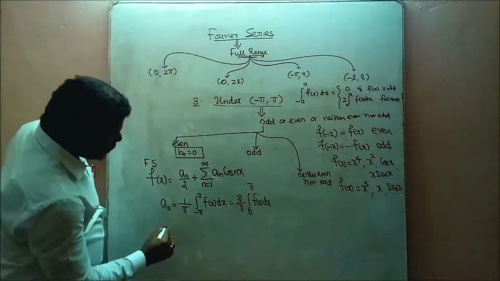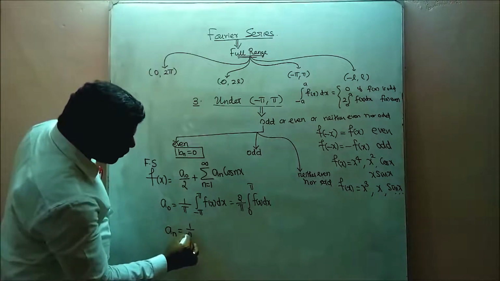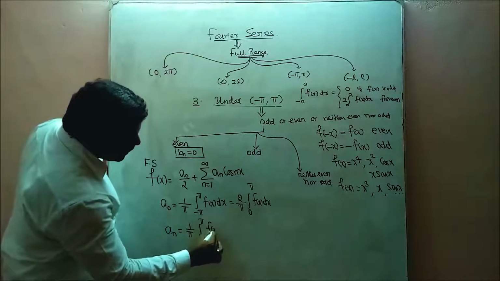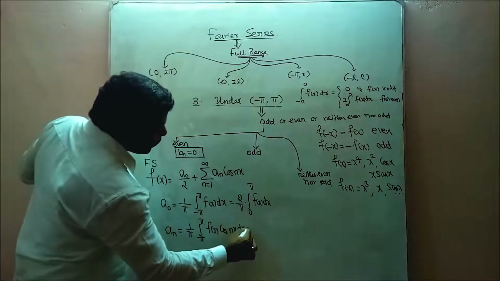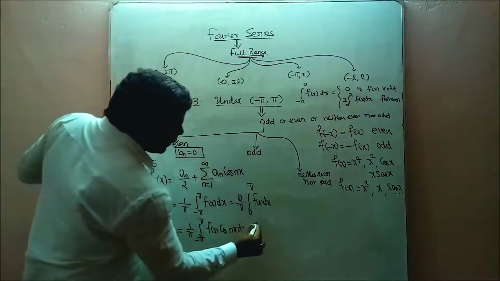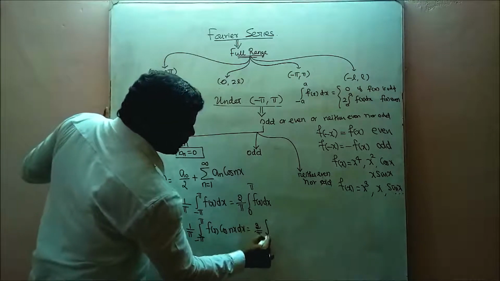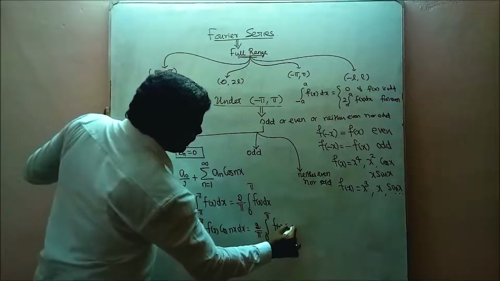So an is equal to 1 by pi into integral minus pi to pi f of x into cos nx into dx அப்படின்னு கிடைக்கும். Automatically according to the property, minus pi to pi எப்படி எழுதலாம் அப்படின்னா, 2 by pi into integral 0 to pi f of x into cos nx into dx.